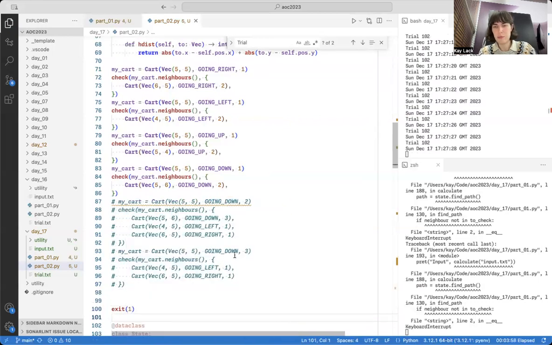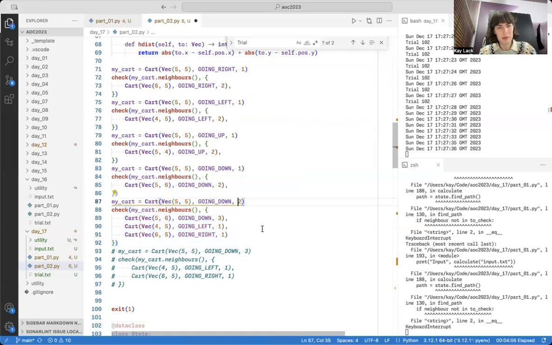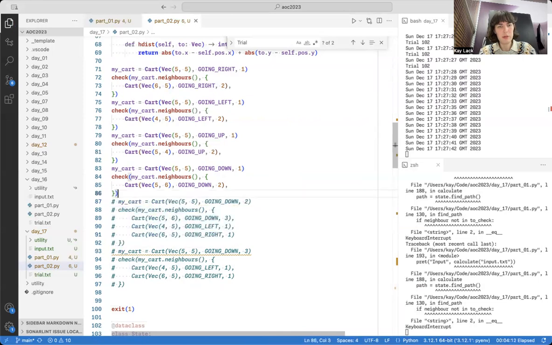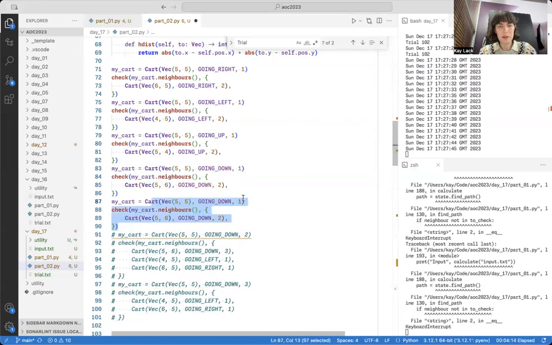We're there for now. Now, if it's going 3, it should be going down.